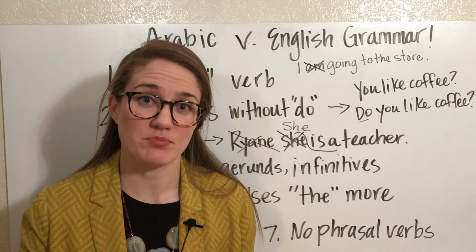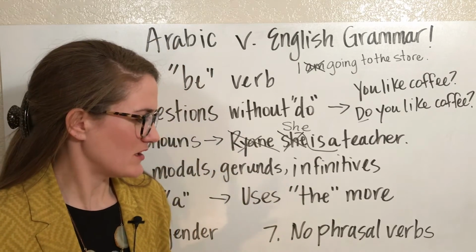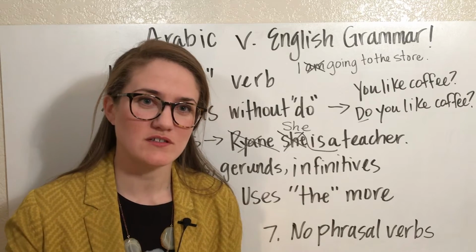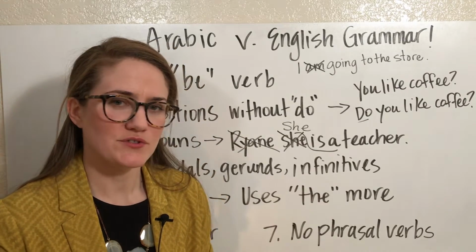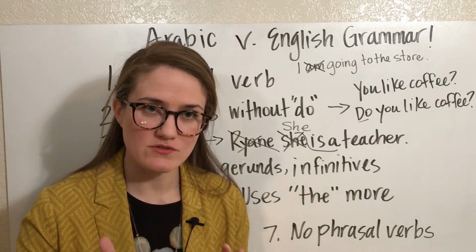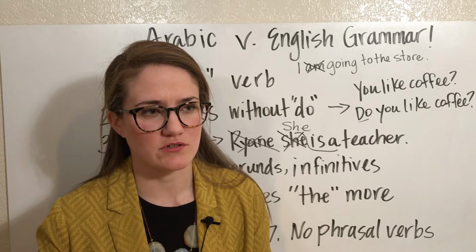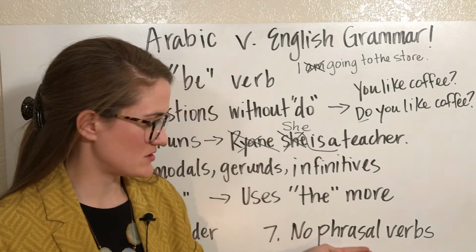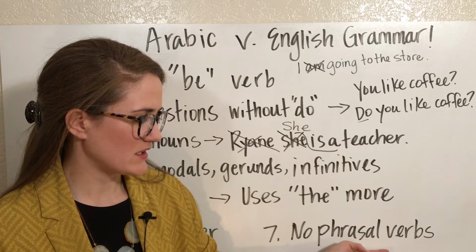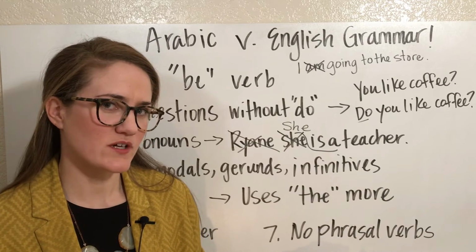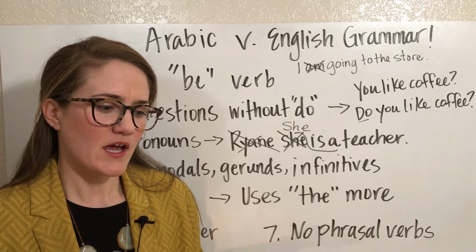That's what give up means in English. So this is kind of unique to English, and you don't really use a phrasal verb grammar structure in Arabic. So Arabic students will have to study phrasal verbs a little bit more and learn when to use them.